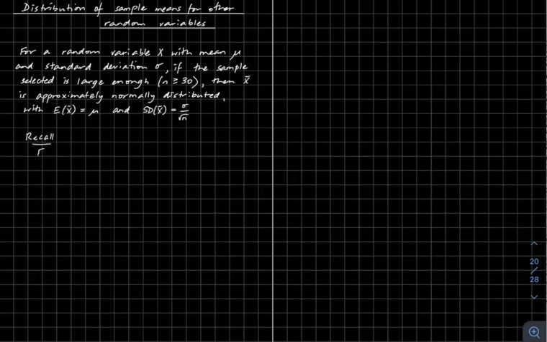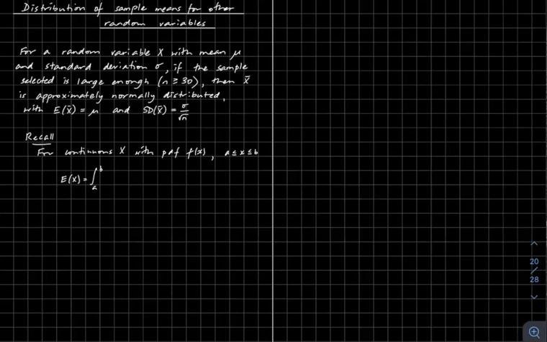Recall that for any continuous random variable x, and this doesn't need to be normally distributed, with a PDF, or probability density function, of f of x, which is defined between values of a and b, the mean, or the expected value, we can find using integration.